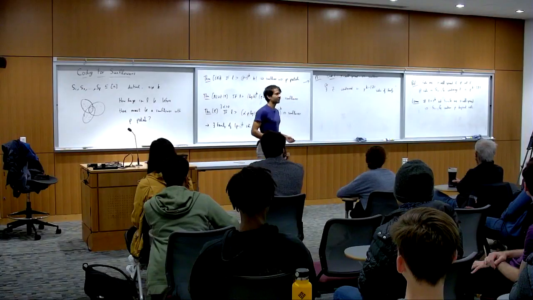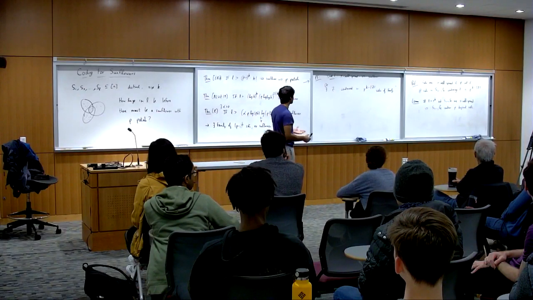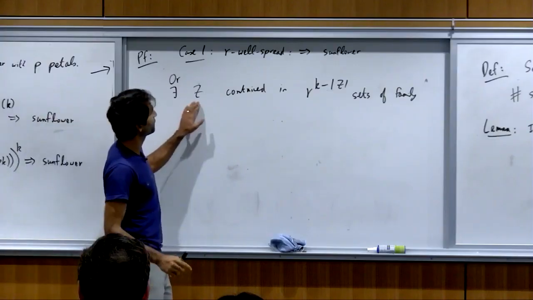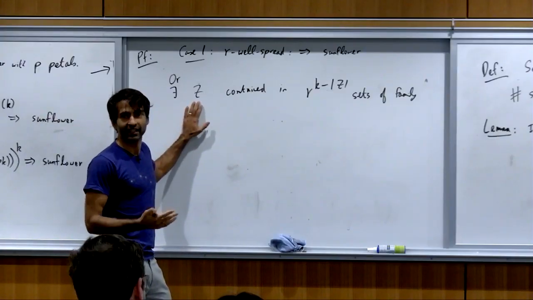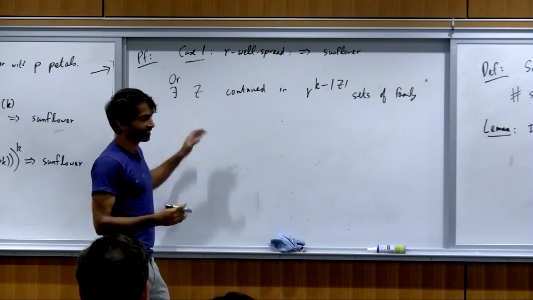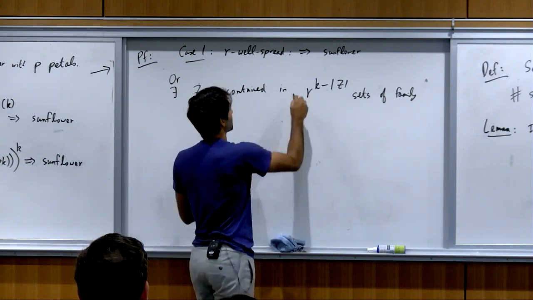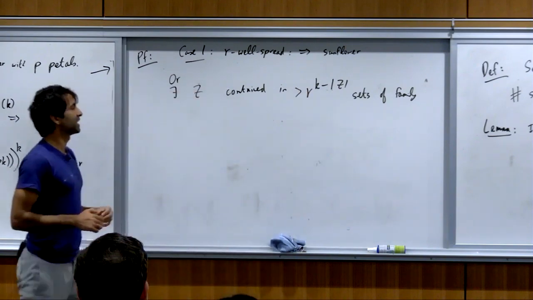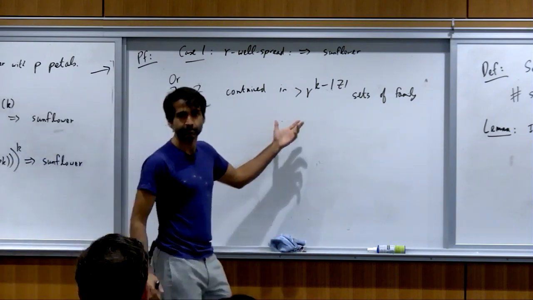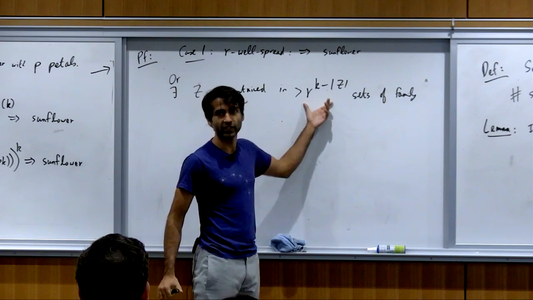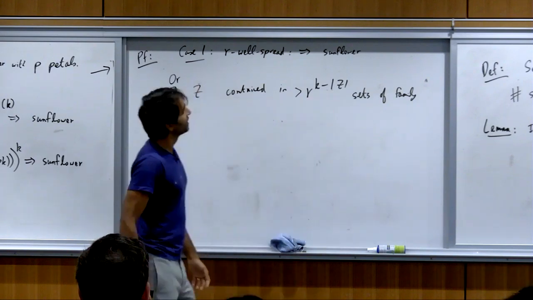So what should you do? You just do induction. Instead of one element, now we found these elements which belong to the set Z. Take them out and take all of these sets that contain Z. There are more than R to the k minus the size of Z of them.